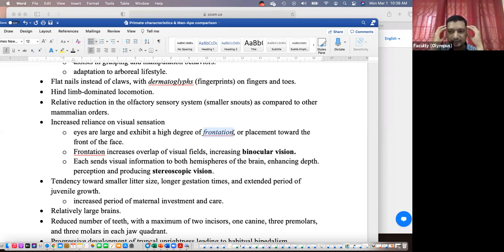Eyes are placed like this on the side, right? So normally you notice in these animals, eyes are placed sideward. We actually have eyes brought together. This is called frontation of eyes. Eyes came to the front of the face. Frontation: placement of the eyes on the front side of the face.